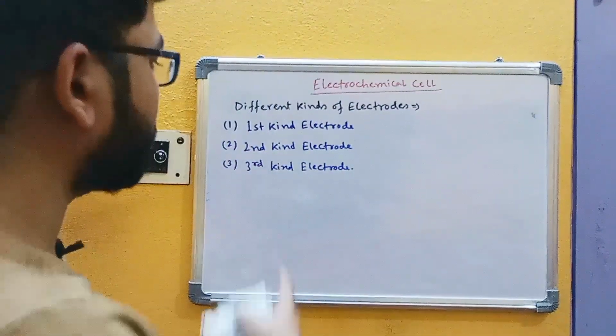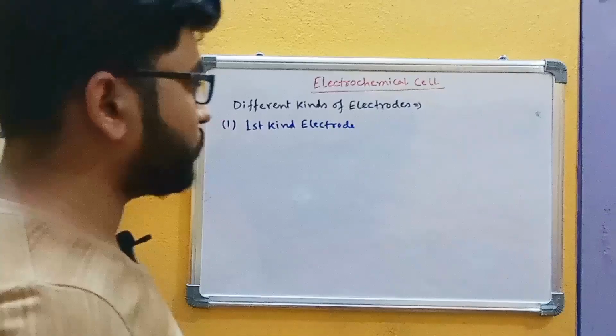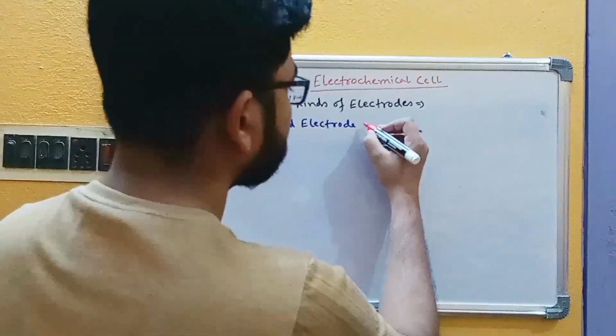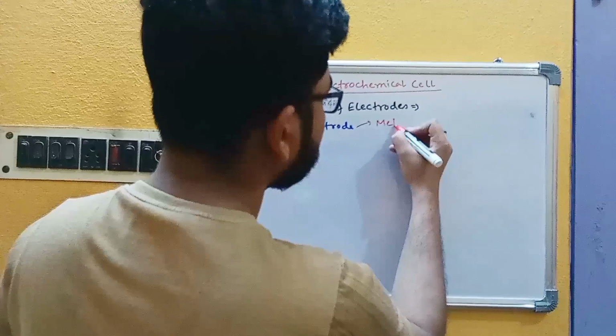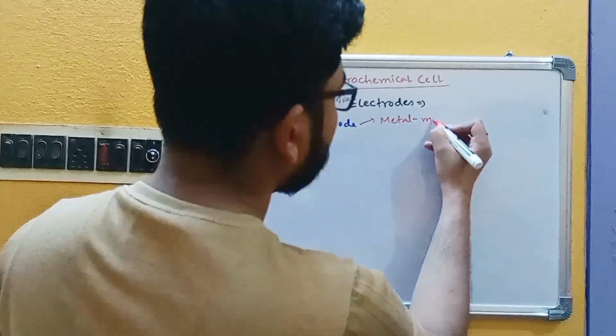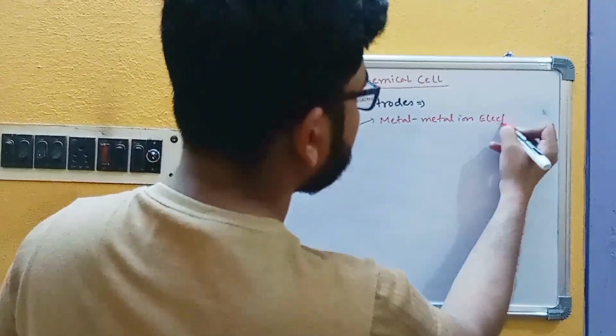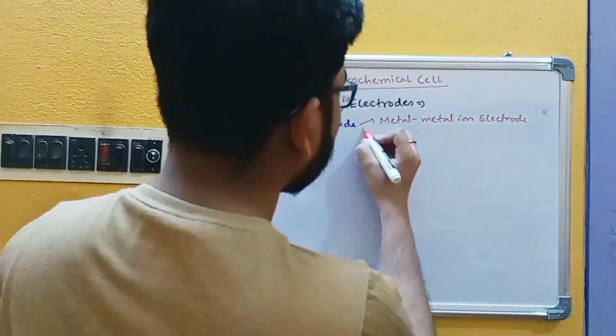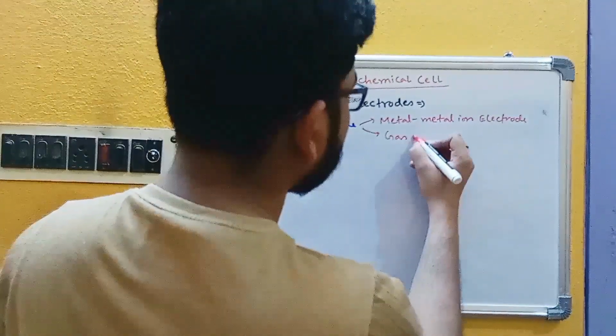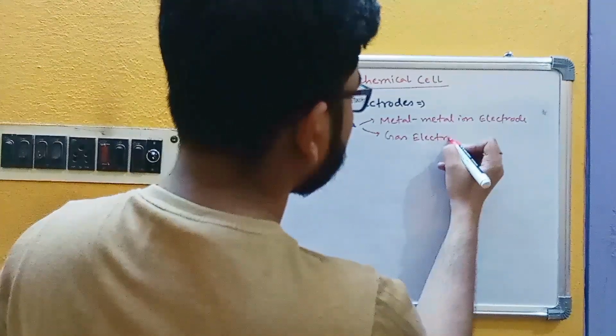Now we will discuss the first kind electrode. So first kind electrodes are of two types, that is metal ion electrode and gas electrode.